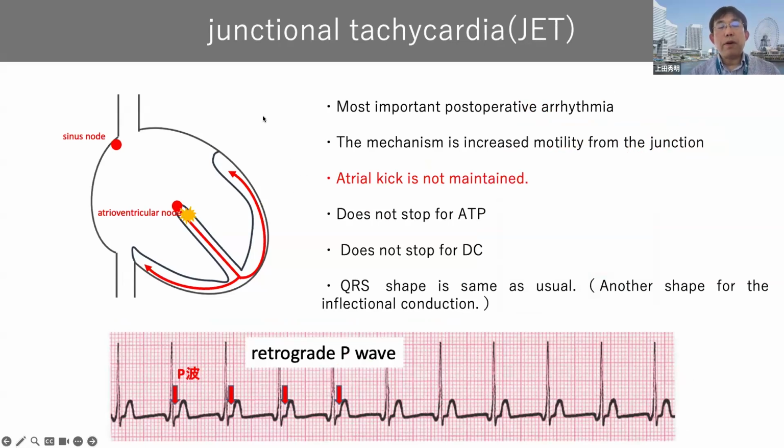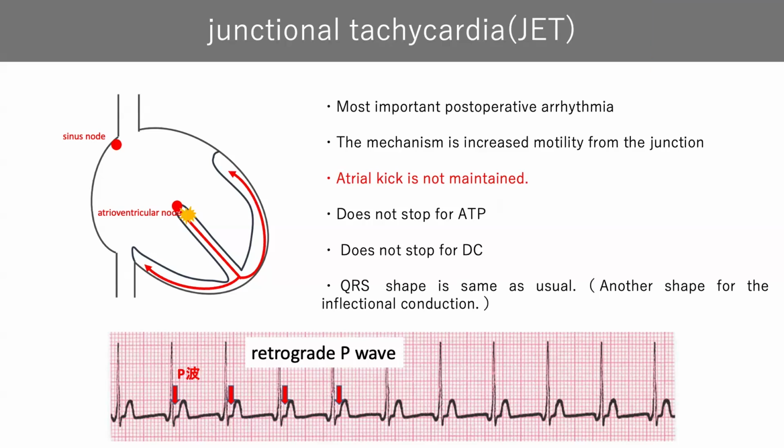This is a very serious abnormal arrhythmia. It is well known that if we find junctional tachycardia, which we call JET, during the post-operative stages of Fontan circulation, those patients will suffer from very severe heart failure and it is very difficult to survive.